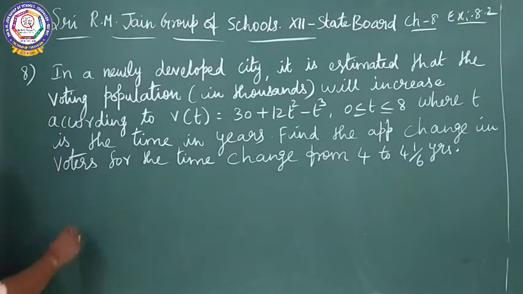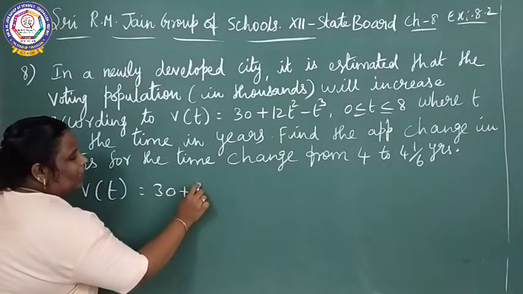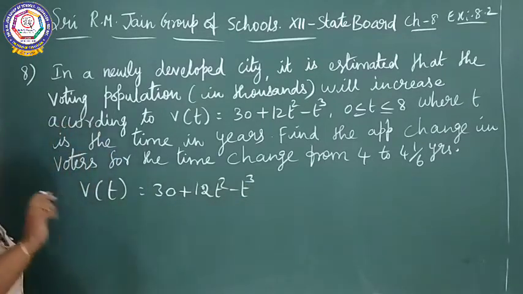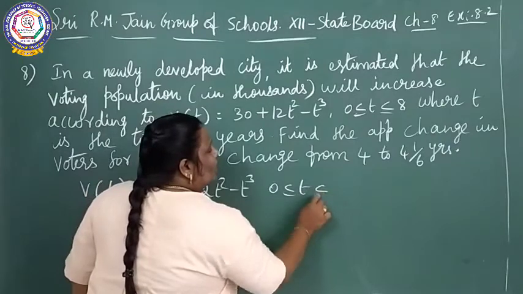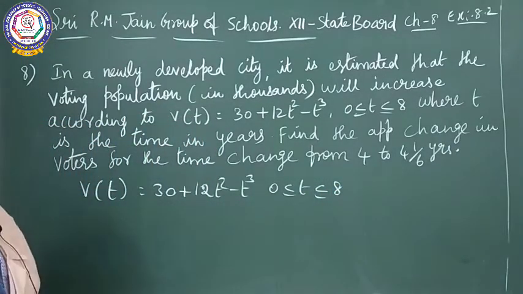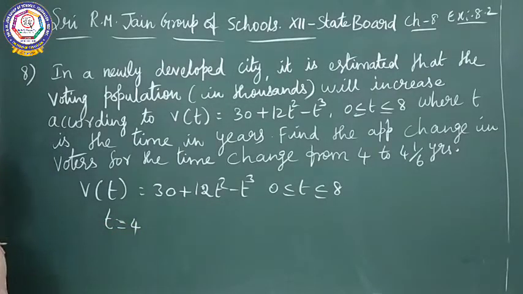So, what is given? The voting population V of t equals 30 plus 12t squared minus t cubed, with the limit 0 less than or equal to t less than or equal to 8 because of time. When t equals 4 years, what is the change in time?